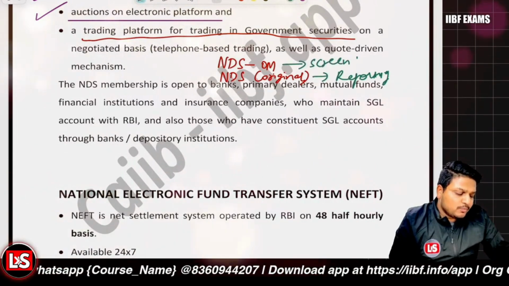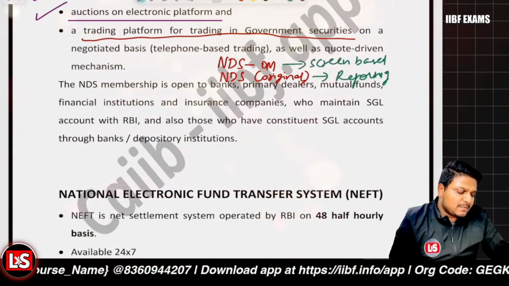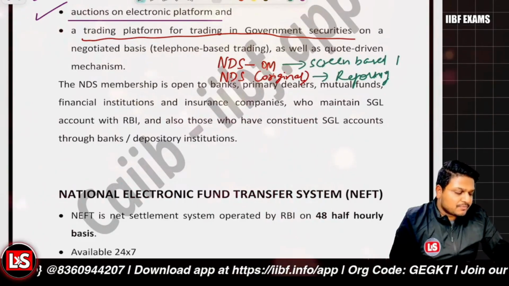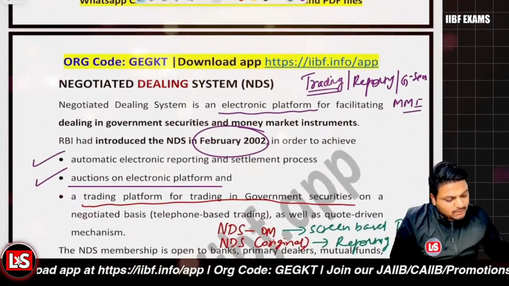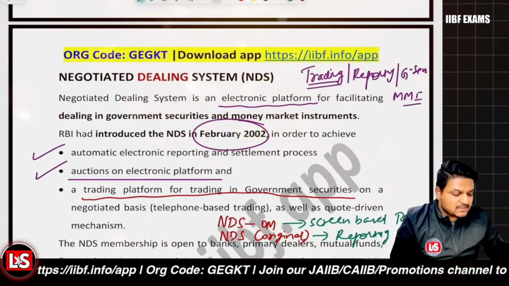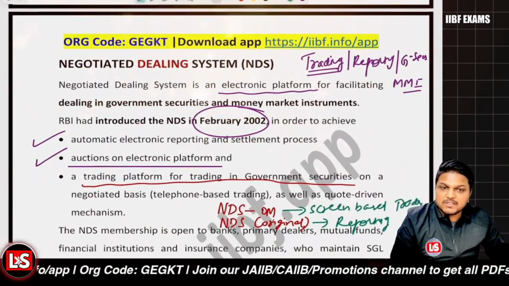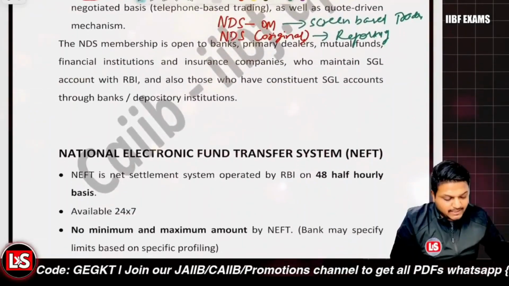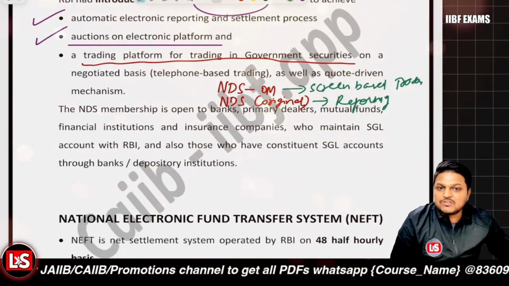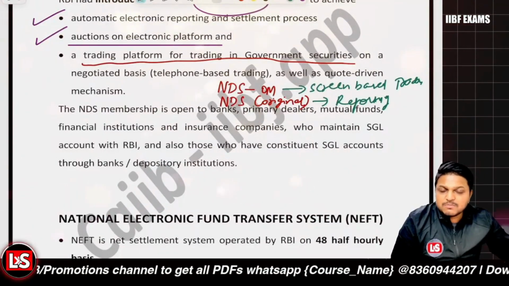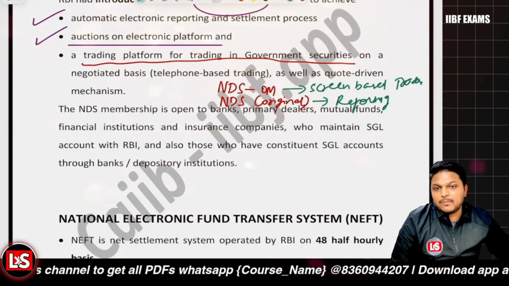That's why I told you that it is used for multiple purposes: trading, reporting, government security settlement and money market instrument settlement. Multiple instruments can be traded upon this, like government securities, treasury bills, state development loans, money market instruments.